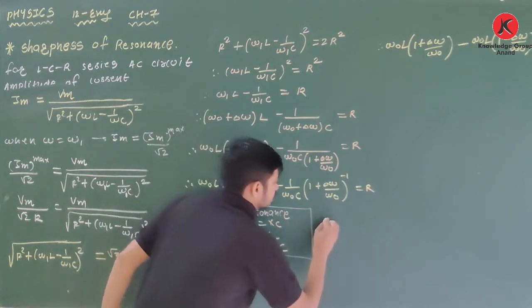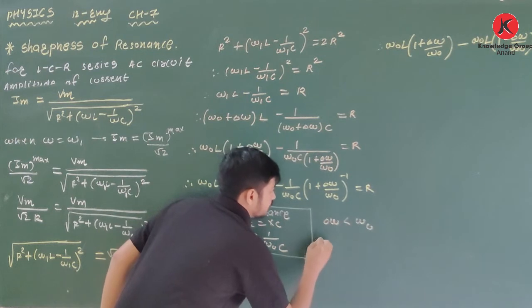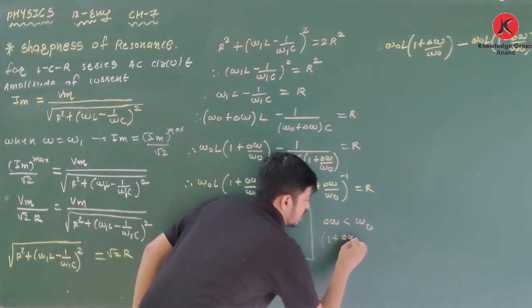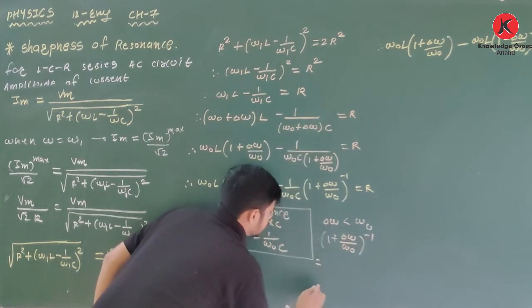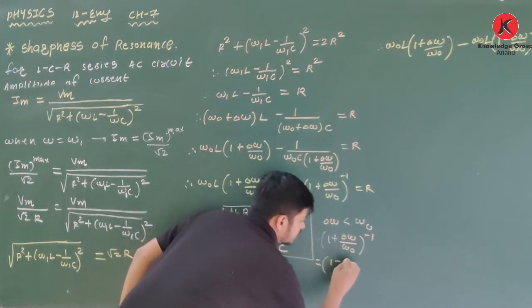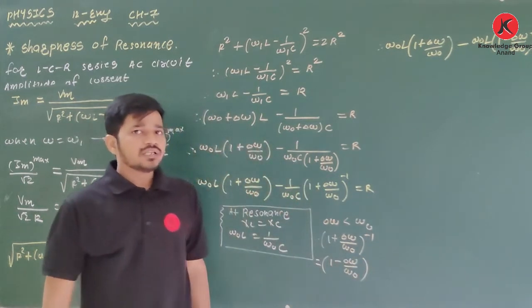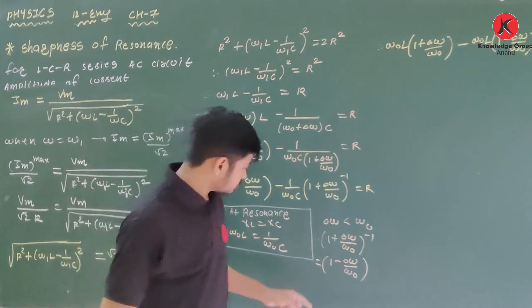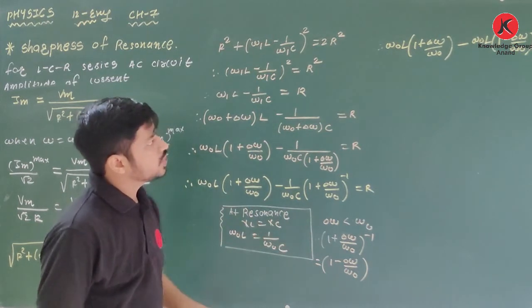So 1 plus delta omega upon omega 0 raised to minus 1 is equal to 1 minus delta omega upon omega 0. Yes, you know this step. Binomial expansion that I have. Clear about this? So now you have to simplify this.